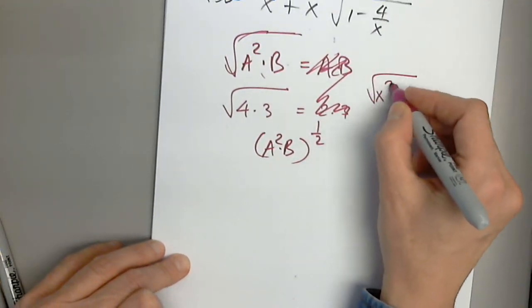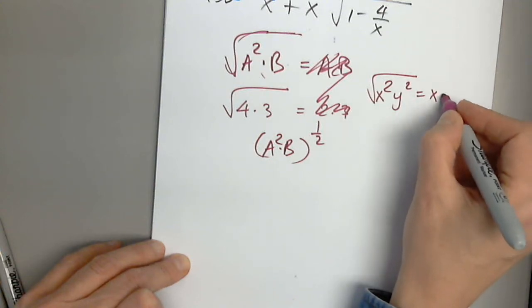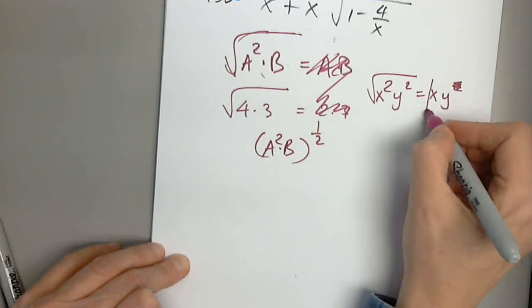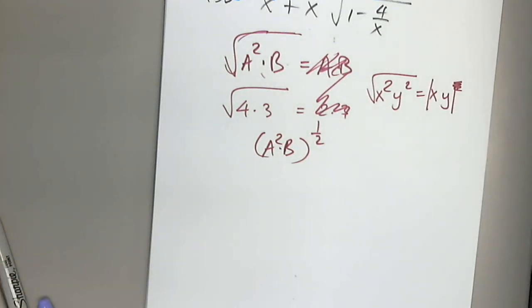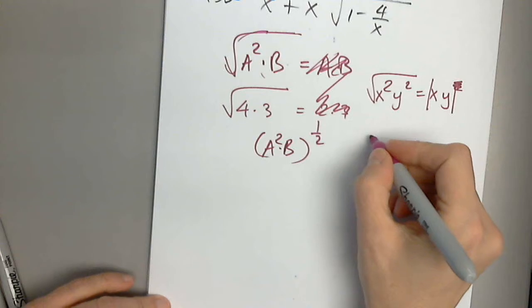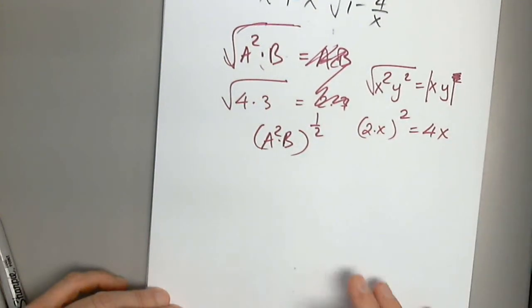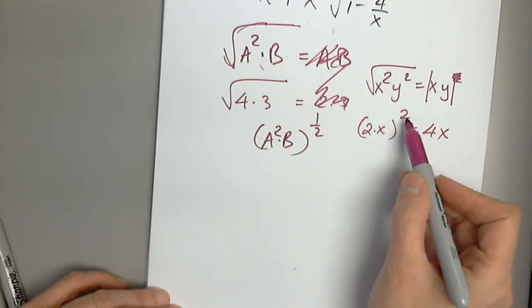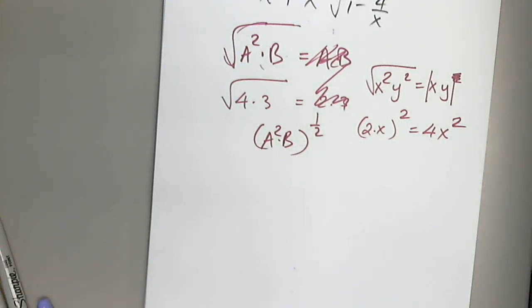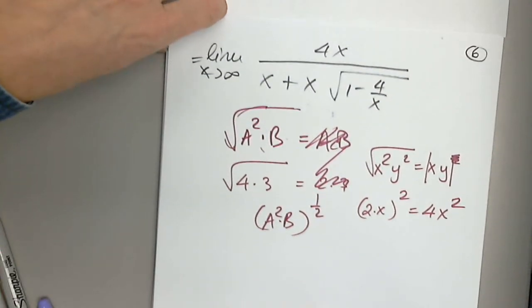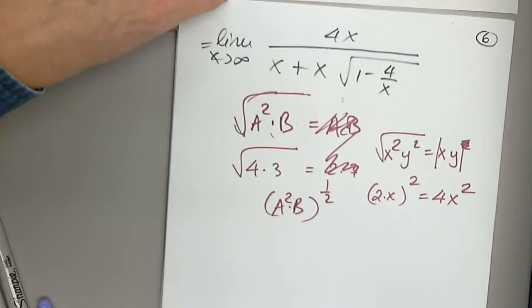So when I have the square root of x squared y squared, I don't write x y squared. I write x y, of course with absolute value, because I have to take the square root from this factor and from the second factor as well. It's like raising to a power. 2 times x squared, squared: do I write just 4x? No, because I raised 2 to the second power and I raised x to the second power, and I have to write 4x squared. Okay, everything okay now? Everyone? Ricky? Okay. Can you see from there? You can't.